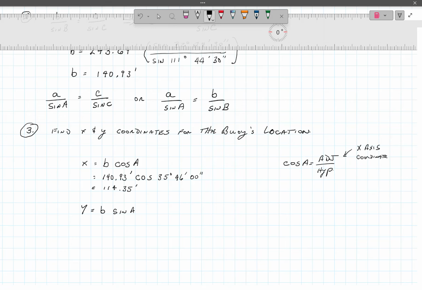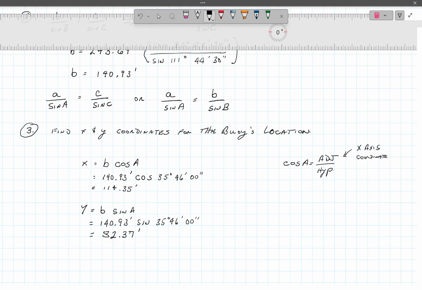Okay, and then we can find y, because it's going to be b sine of a, and that will equal 140.93 feet times the sine of a, which is still 35 degrees, 46 minutes, 0 seconds. And that'll give us a coordinate of 82.37. I think that's what that is, feet.